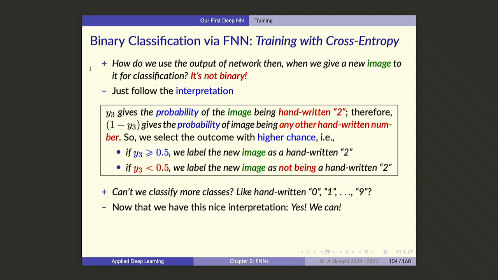Yeah? We can have 10 neurons, and we assign each a probability. The one with the highest probability wins. Yeah, that's a cool thing. But if I am computing 10 probabilities, each of them is going to be something between 0 and 1, right? And if you sum them up, there is no need for it to be exactly 1, right?